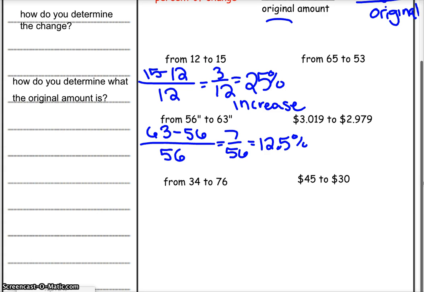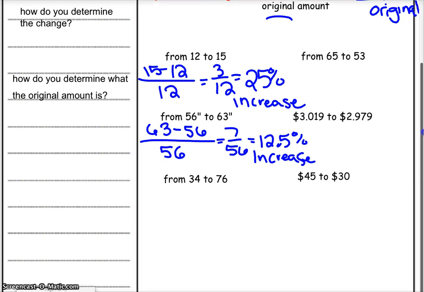Did I get bigger or smaller? Bigger. So increase. You have to write down if it's an increase or decrease today, and it's very important. If you just write 12.5%, it doesn't count. You have to be able to analyze that you increased or decreased.